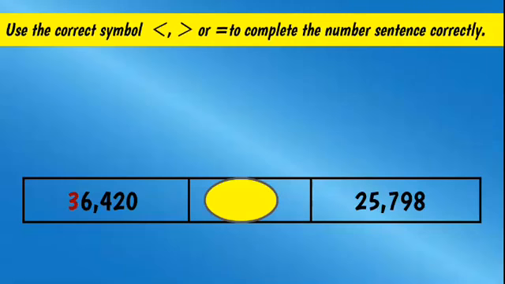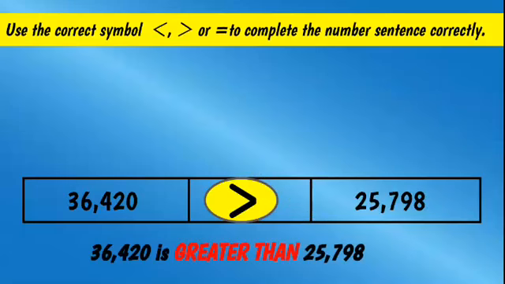Our numbers of 30,000 at 3 and 20,000 at 2. So we have 3 first number and 2 second number. So right away we can tell that 36,420 is greater than 25,798. So open end facing our larger number.